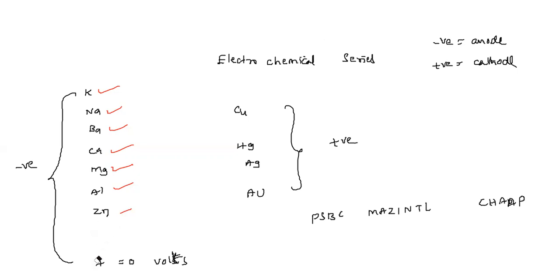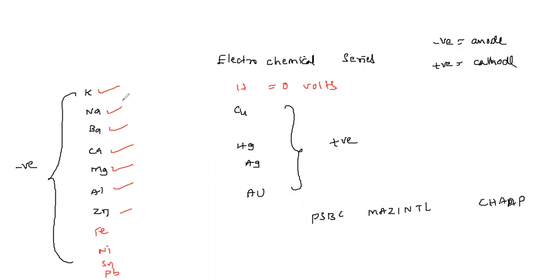Sorry for the mistake. Then after that, the hydrogen electrode is 0 volts. Then these are the positive values, and these are the negative values.